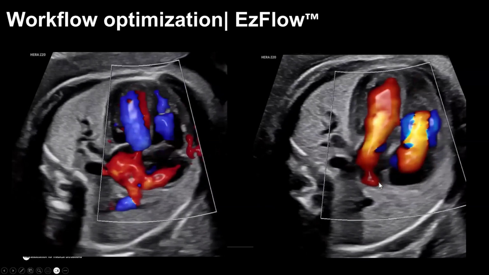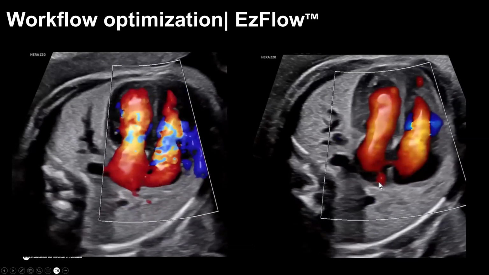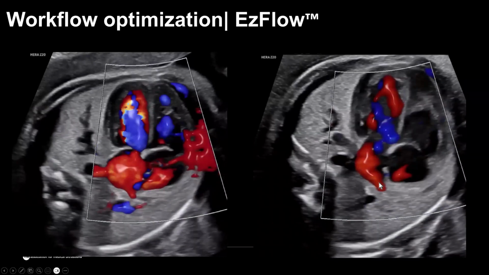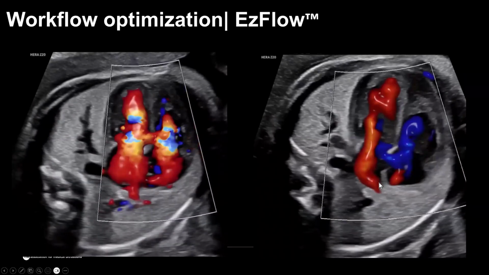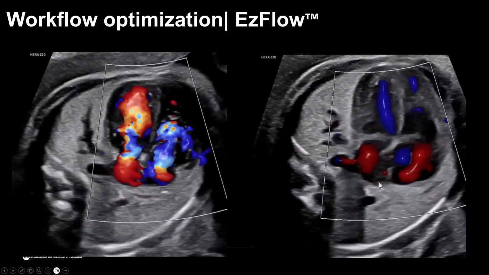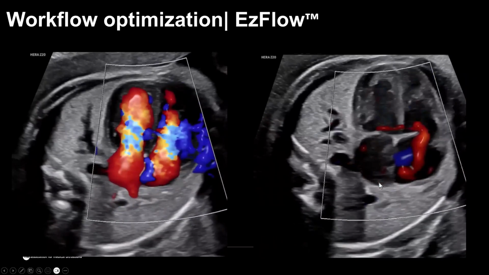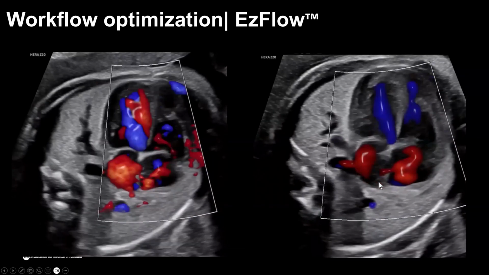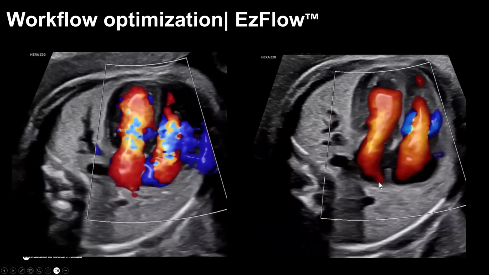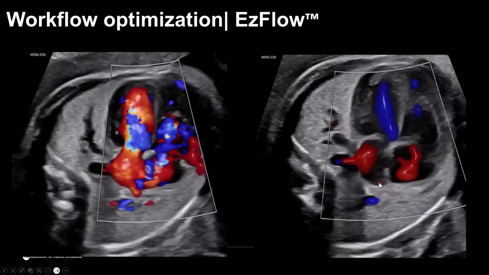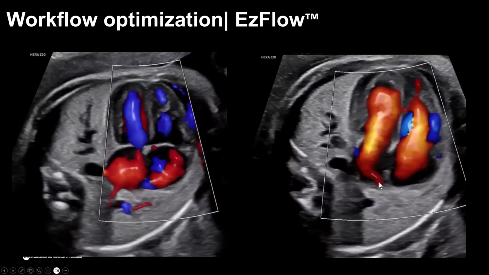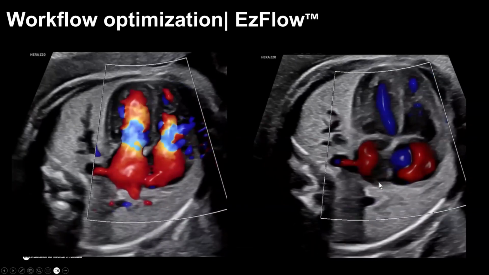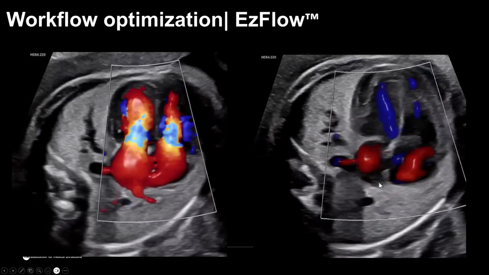The same applies if you look at the heart without utilizing the fetal cardiac preset, and you don't really want to move far away from your general OB imaging. There is an improvement in workflow optimization: you can change the preset for the color alone without changing the preset for the 2D image.